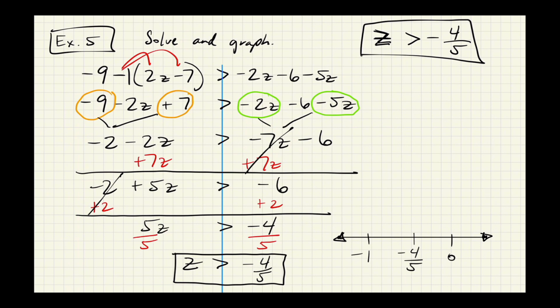Okay. So is it open or closed at negative 4/5? Open. Good. It's going to be open. Which way do we shade? To the right or to the left? Where's the mouth? Greater than or less than? Greater. So it's going to be to the right.